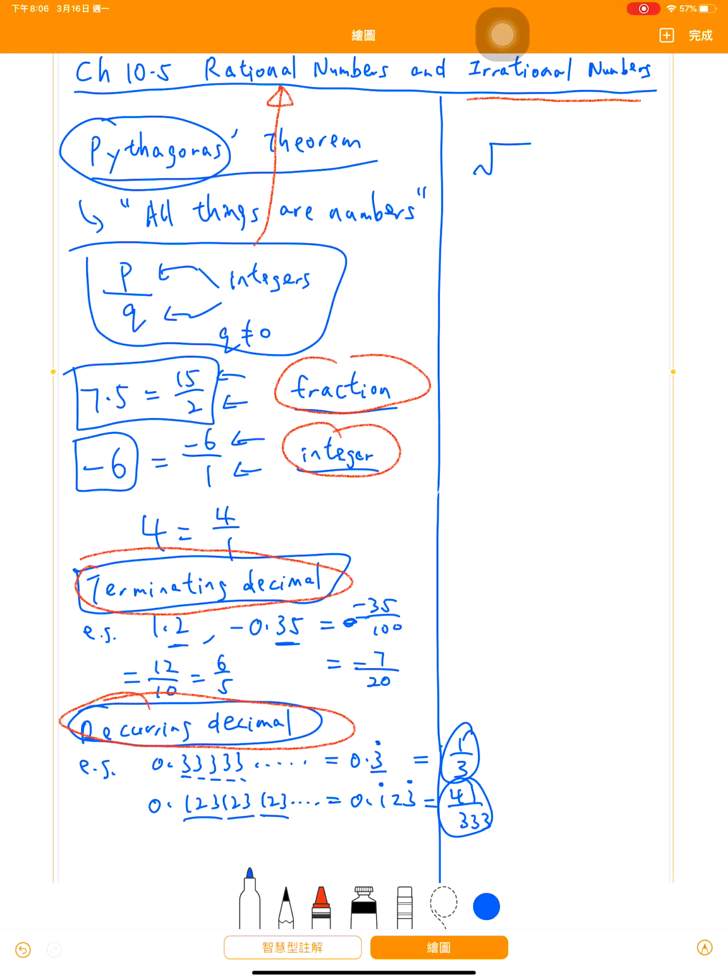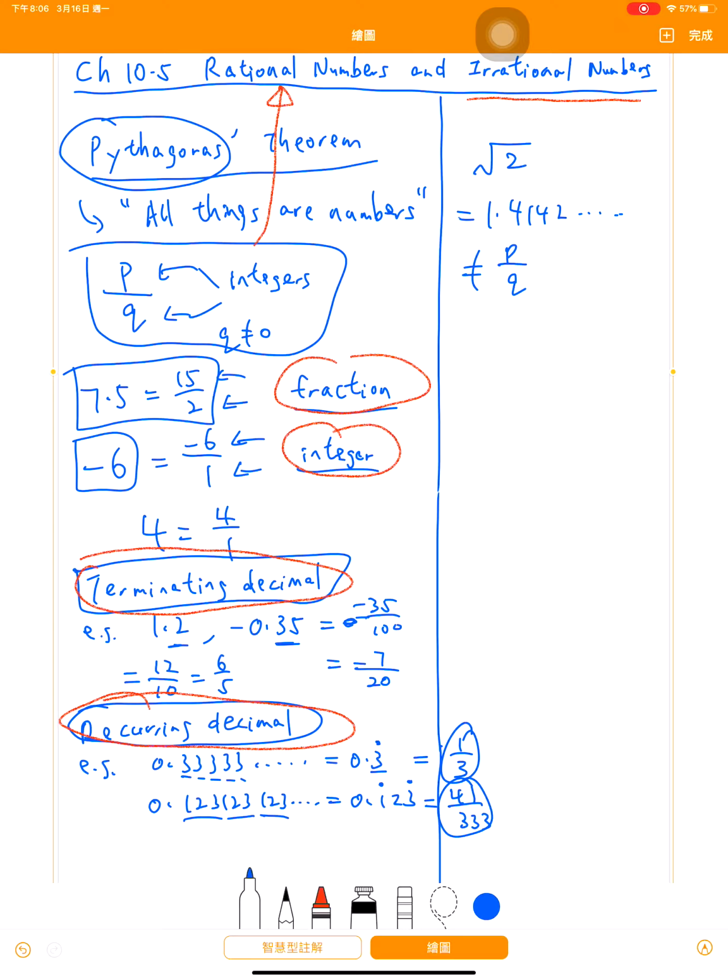The square root here, in fact, usually cannot be expressed as a rational number. For example, square root 2. When you use your calculator, you may find that the answer is about 1.41422222, and then you cannot change it to any fraction.